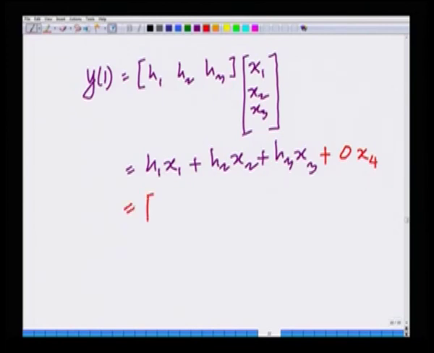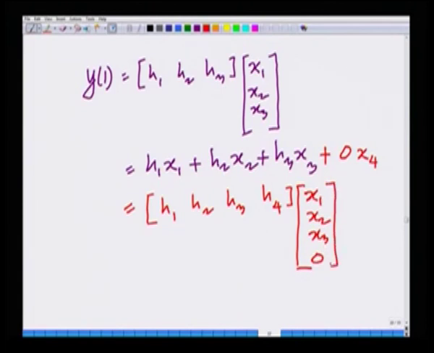Hence, I can write this as h1 h2 h3 h4 times x1 x2 x3 and then a 0 at the end.